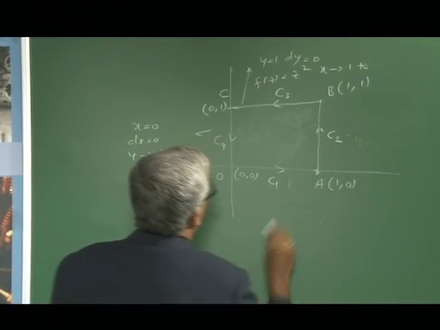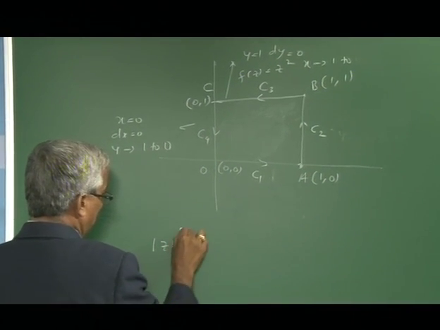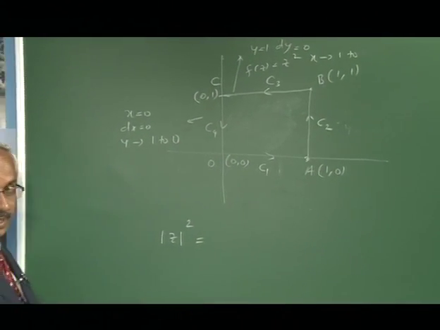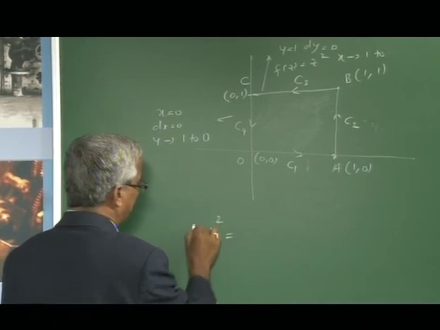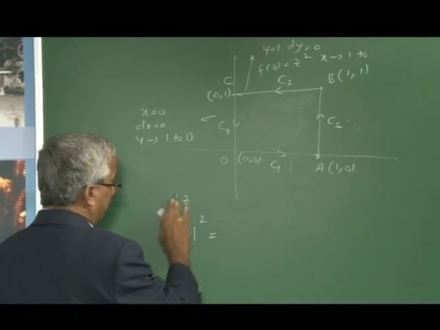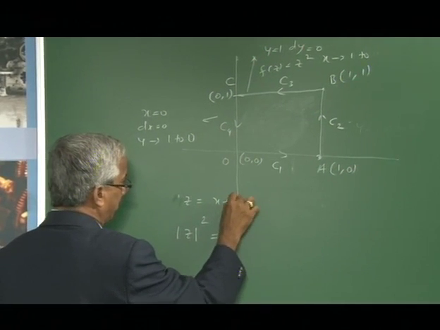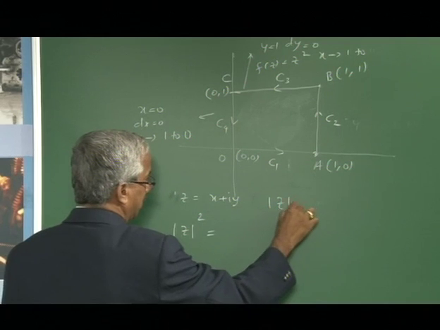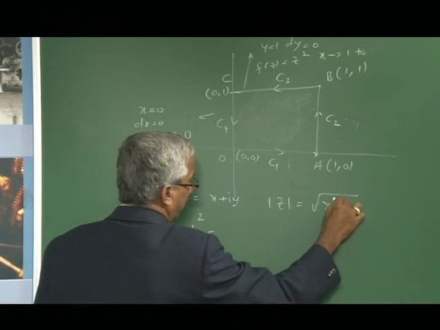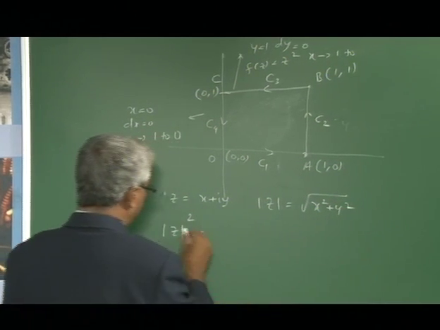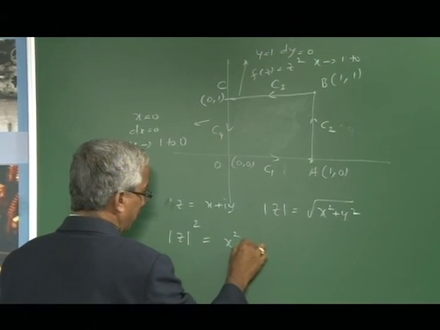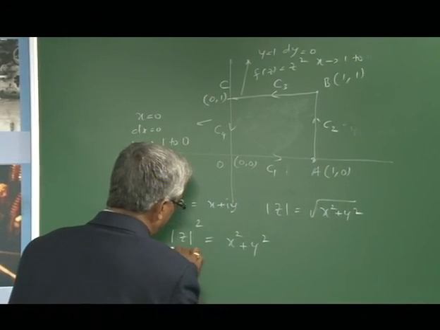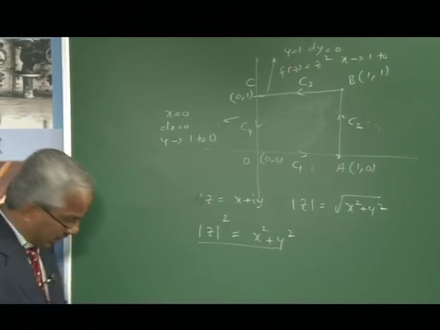Here mod z whole squared can be taken as it is. Mod z means, we know that z is equal to x plus iy. Therefore, mod z is equal to square root of x squared plus y squared. So therefore mod z squared is equal to x squared plus y squared. Now I am going to replace this mod z squared.